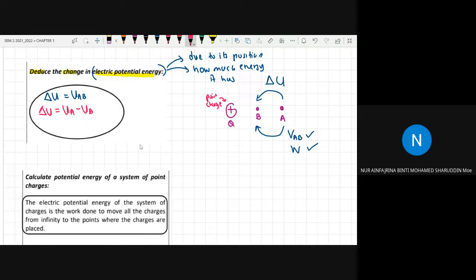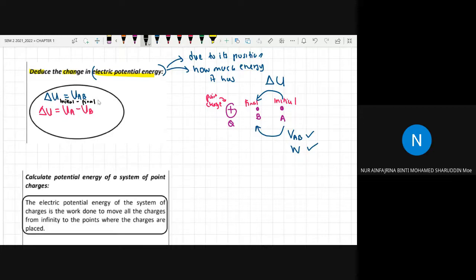So, maksudnya kita akan ambil initial. Contohnya dekat A ni adalah initial dia. Dekat B ni adalah final. Jadi, kita akan ambil initial potential energy tolak dengan final potential energy. So, dia akan jadi initial tolak final.